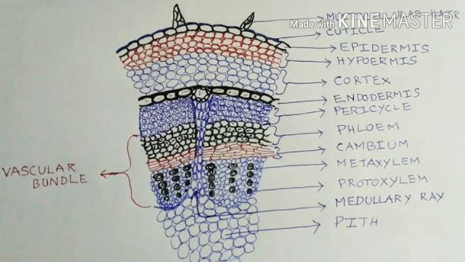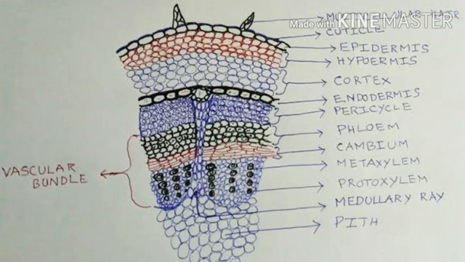And there is a ray, that is medullary ray or pith ray, present between vascular bundles. On both the sides there are vascular bundles. This medullary ray or pith ray lies between vascular bundles and helps in the conduction of water and food in radial direction.